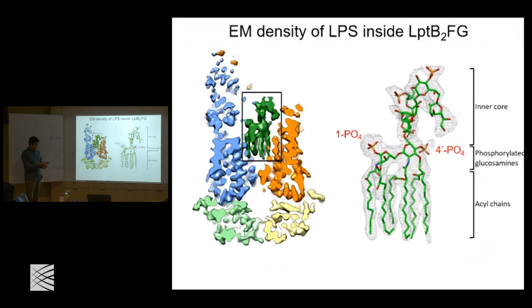I will emphasize that this acyl chain density is much more complete compared with those in MsbA, and we can even see clearly the secondary lipid chain connection. With all this, we were able to directly assign all 6 lipid acyl chains.